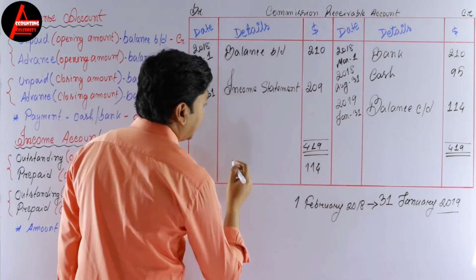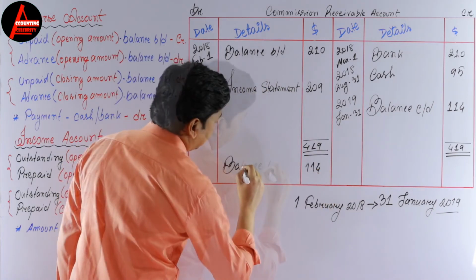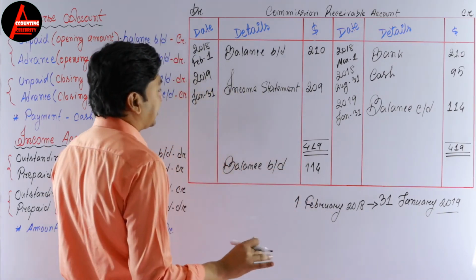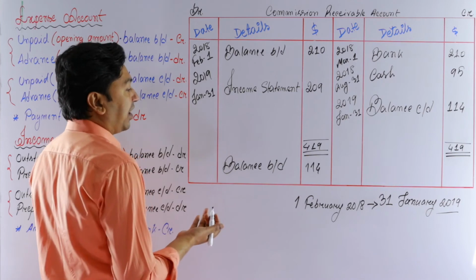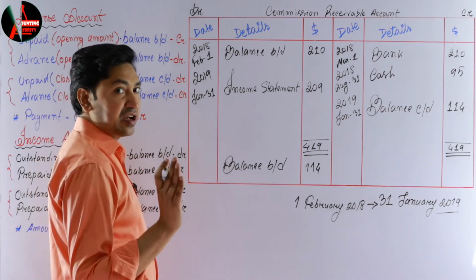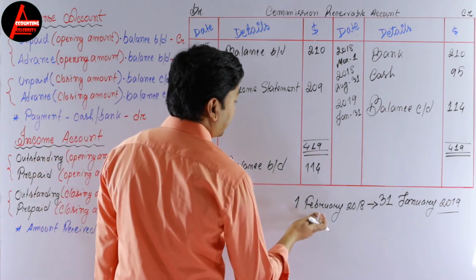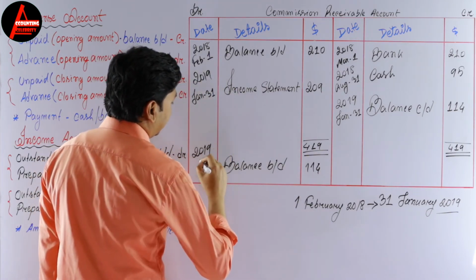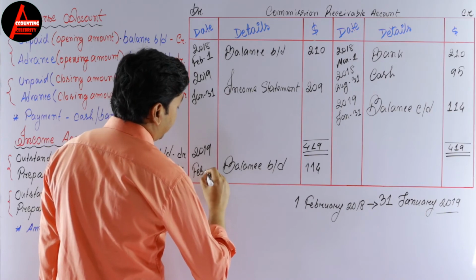Okay, now we will write here balance brought down, balance BD, which is a requirement in the question. Okay, so date for balance BD is written on the question. It is 1st February 2019. Okay, so let us write here 2019 February 1st.